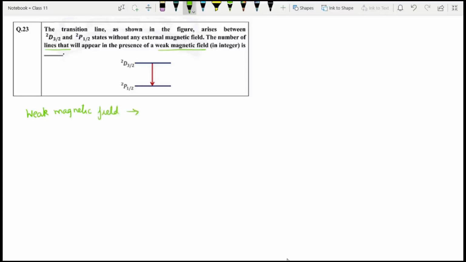So it is an anomalous Zeeman effect. The selection rule for it is delta mJ is equal to 0, plus or minus 1.